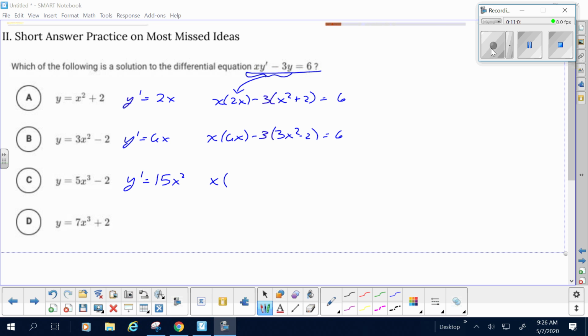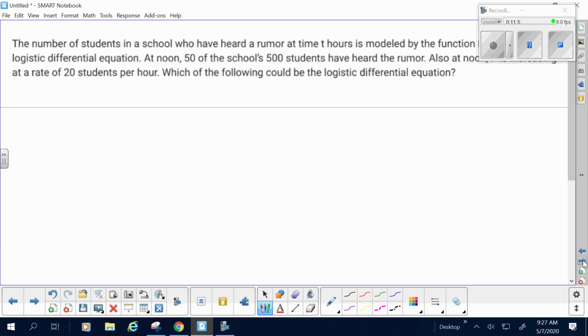Therefore, xy prime is x times 15x squared minus 3 times y is 5x cubed minus 2. That does work out. 15x cubed minus 15x cubed plus 6 is 6. And so that is true. And you can verify the last one, but you'll see it.